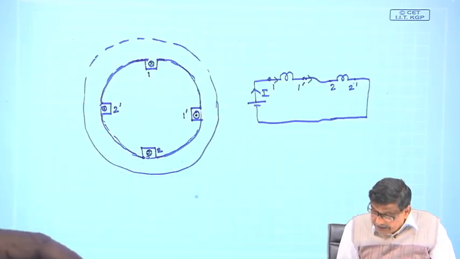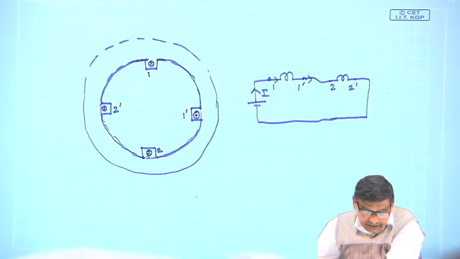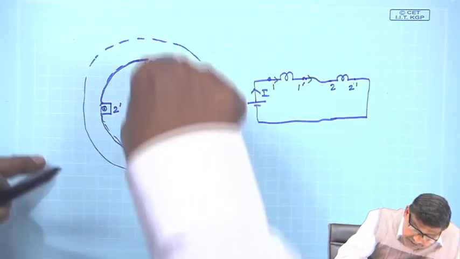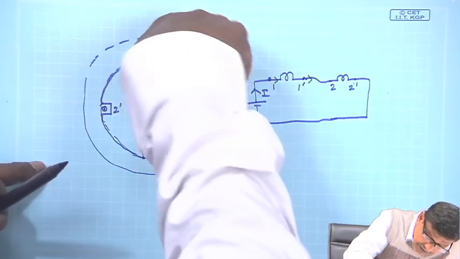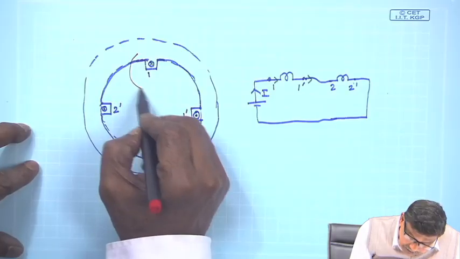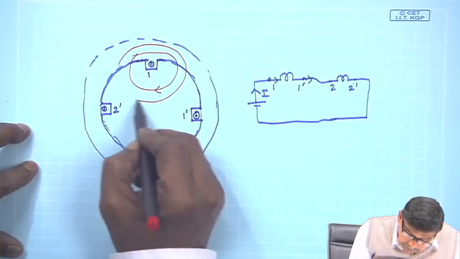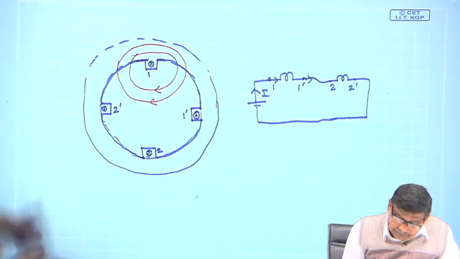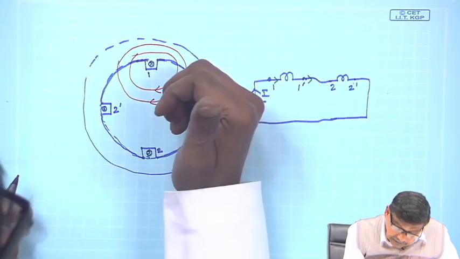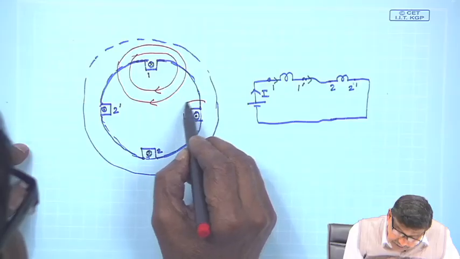Now, what is the implication of this? The implication is very interesting. See, this cross current will produce lines of force like this. This dot current will produce lines of force like this.